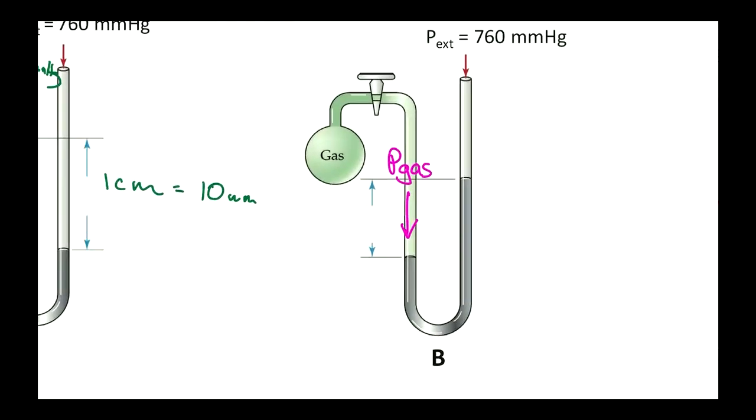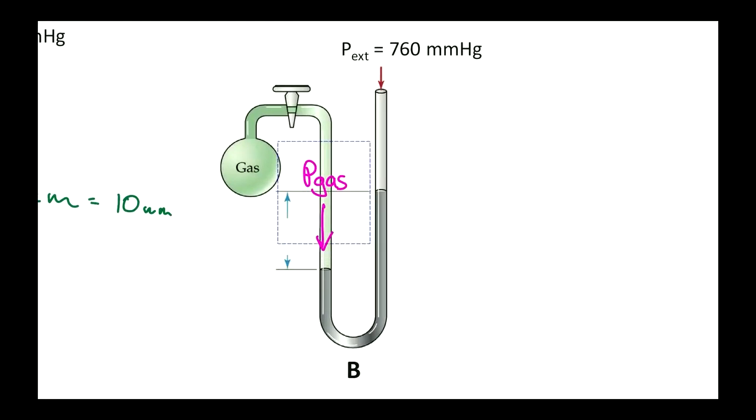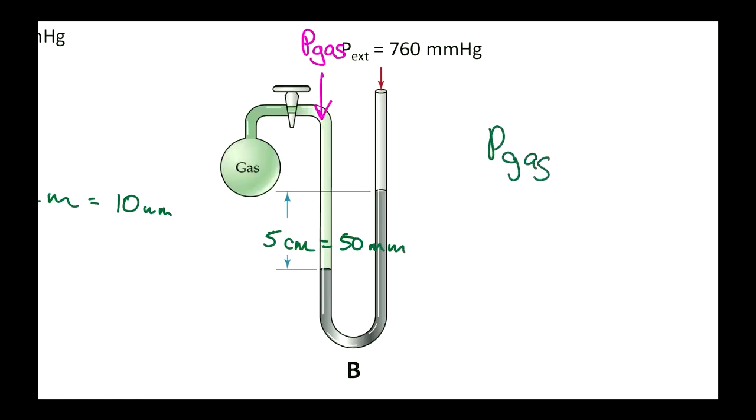So let's do another example over here. Let's pretend this height is 5 centimeters, okay, 5 centimeters, so 50 millimeters. What is the pressure of the gas of the sample? Do you add 50 or do you subtract 50? You add 50 in this case, yeah. So it would be 810 millimeters of mercury.